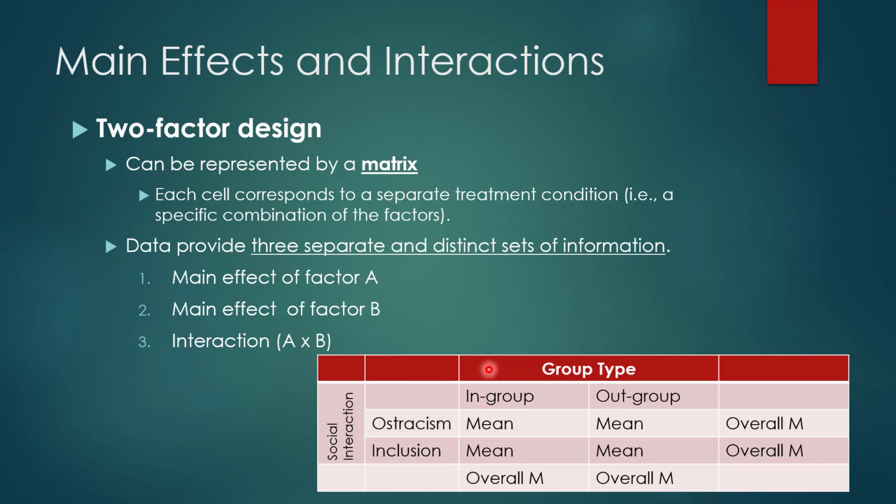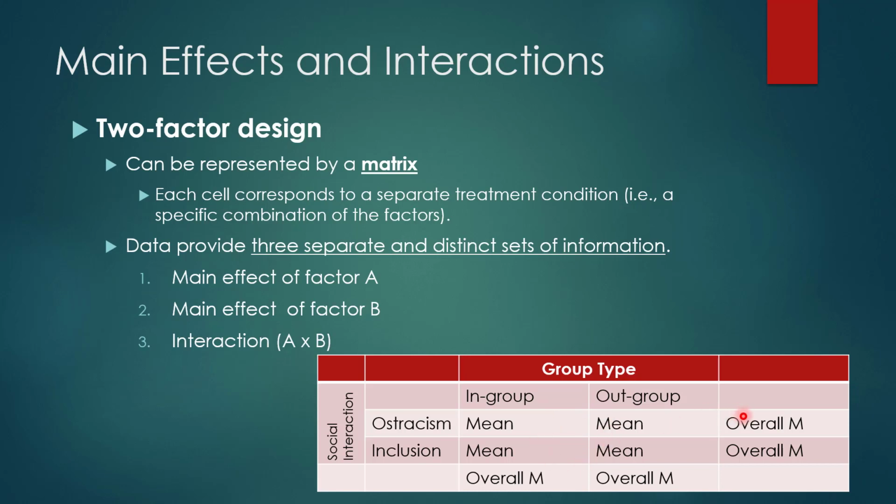So here, one factor is looked at in terms of columns, and to look at the main effect, we look at the overall mean. We look at the mean for the main effect, regardless of what's happening in here. It's comparing this mean to this mean. That would be the main effect for group type. For main effect of factor B, we look at the rows. So we look at these means, the overall, not what's going on in here.